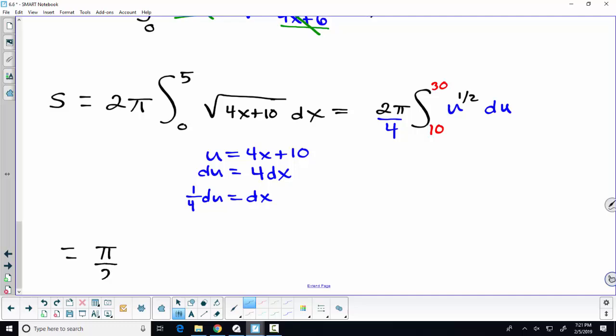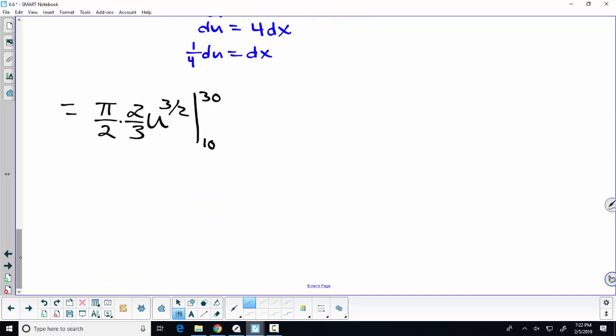We have pi over 2, antiderivative of u to the 1/2 is u to the 3/2 divided by 3/2, or times 2/3, evaluated from 10 to 30.